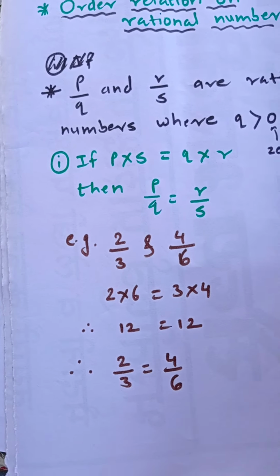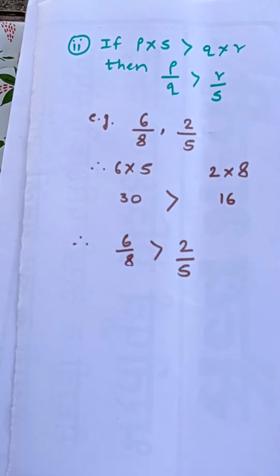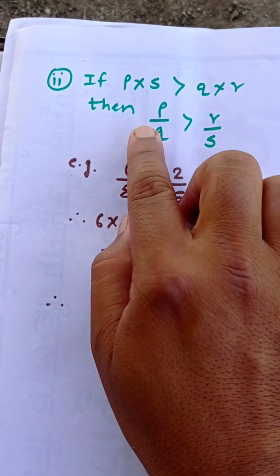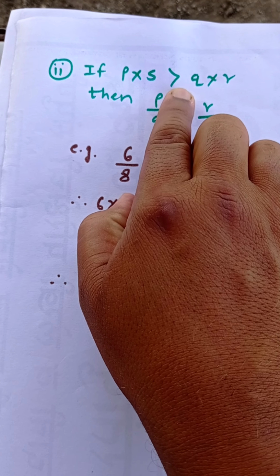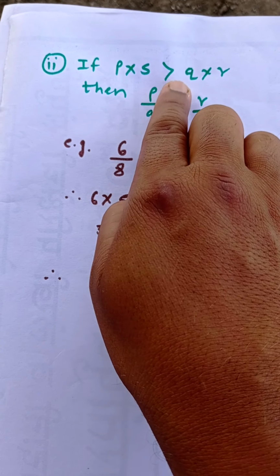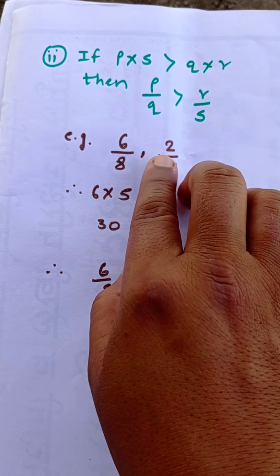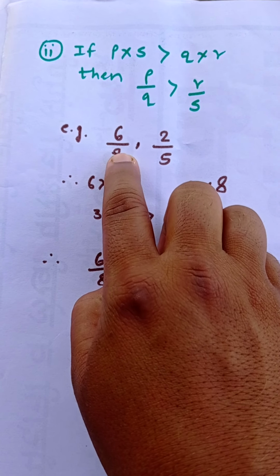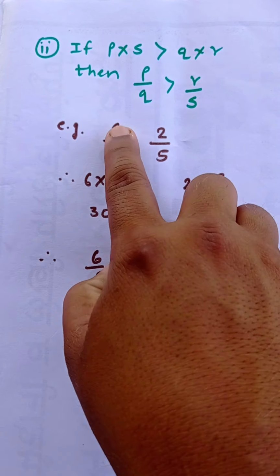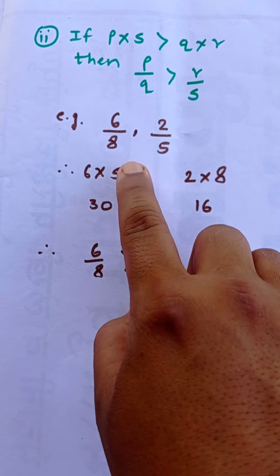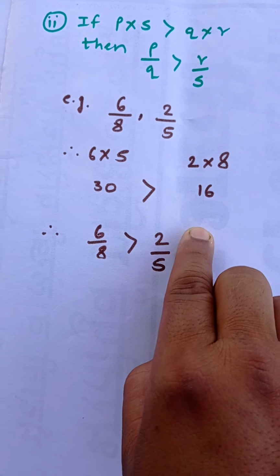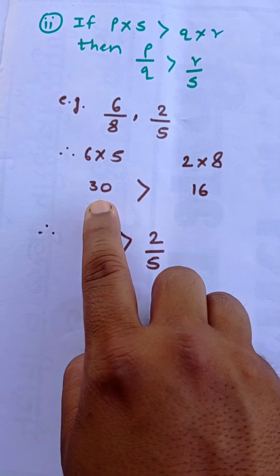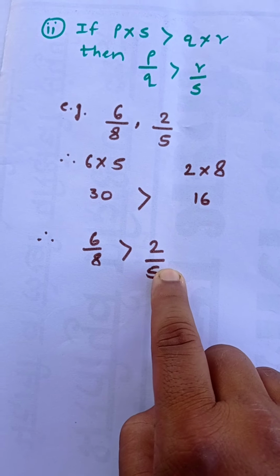Then second rule: if P into S is greater than Q into R. One more example: 6 upon 8 and 2 upon 5. 6 into 5 is 30, 8 into 2 is 16. So 30 is greater than 16, therefore 6 upon 8 is greater than 2 upon 5.